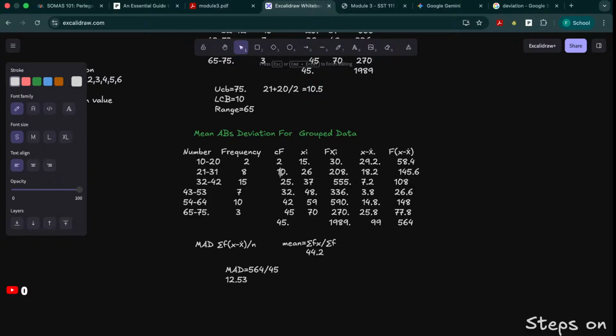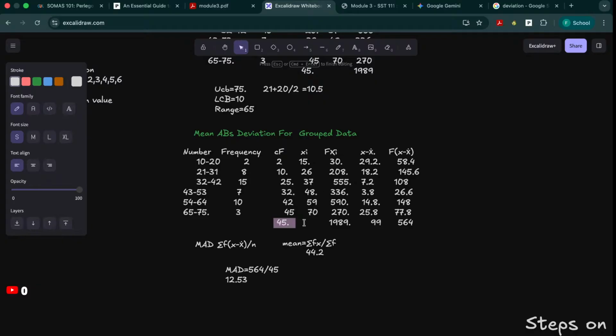So you write 10, then 10 plus 15 is 25, 25 plus 7 is 32, 32 plus 10 is 42, 42 plus 3 is 45. So by now you have your cumulative frequency, which is the total number of your data.